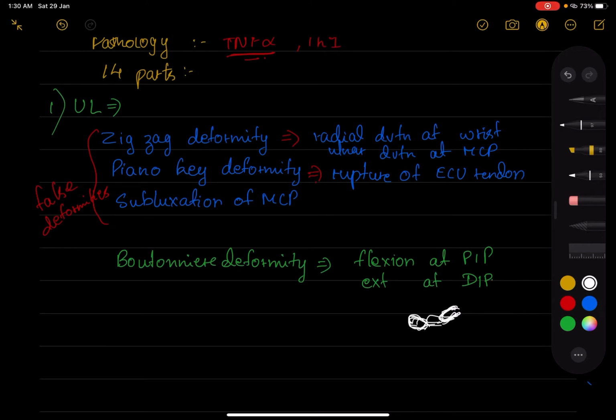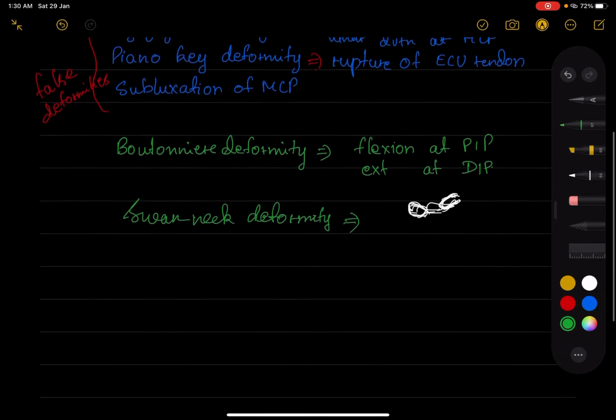The opposite of this deformity will appear second, that is swan neck deformity. So in swan neck deformity, the opposite, there will be extension at PIP and flexion at DIP.